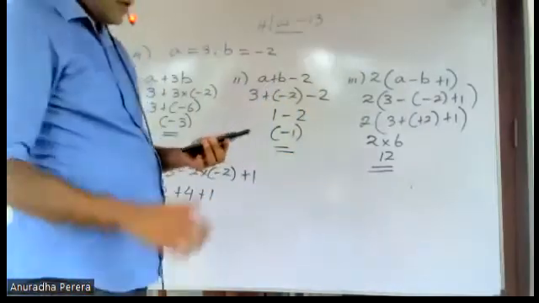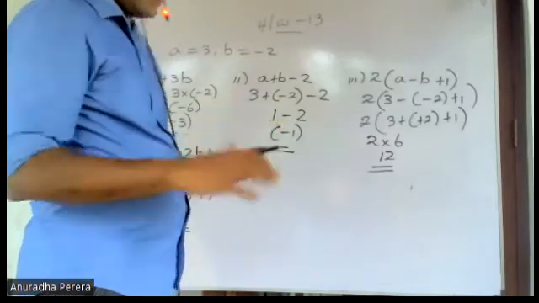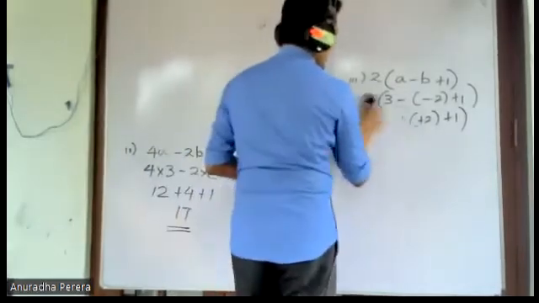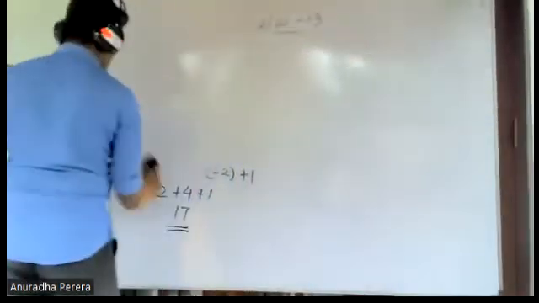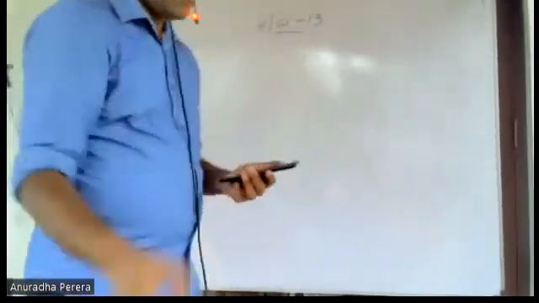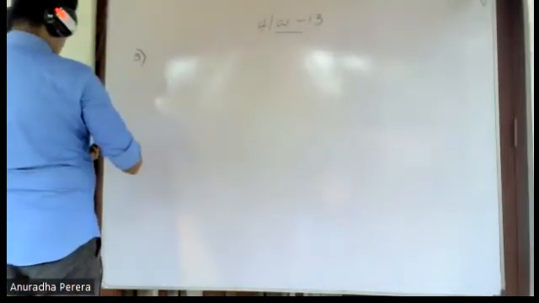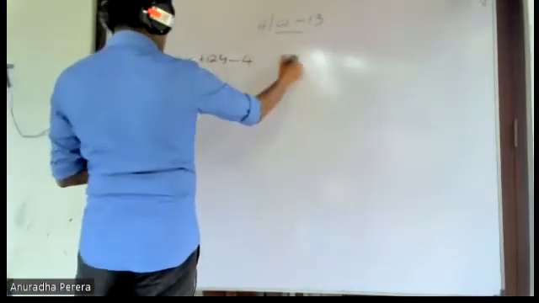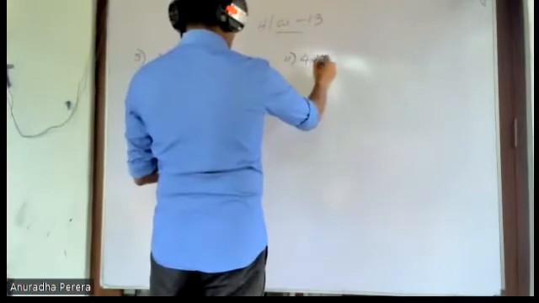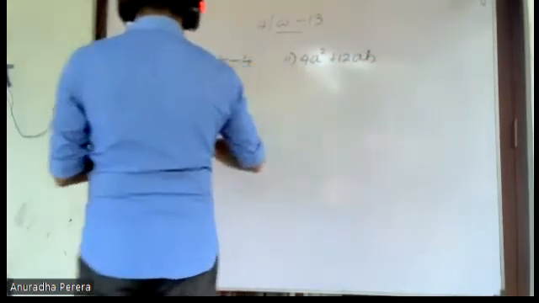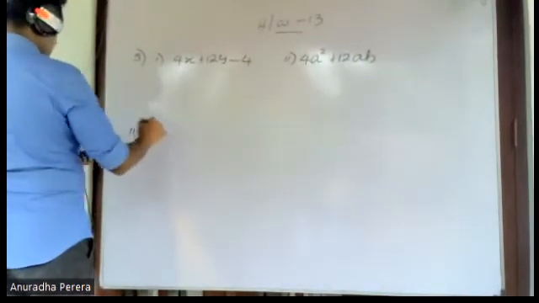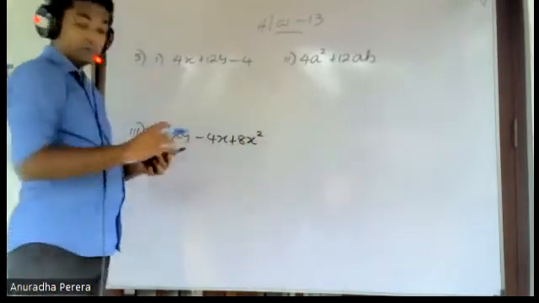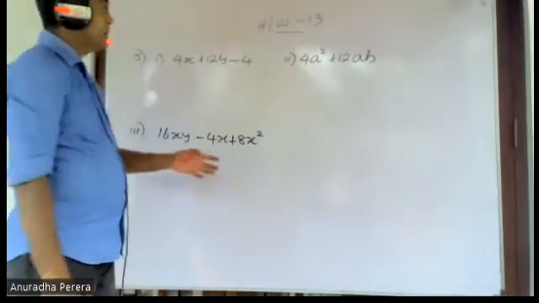Fifth question. Find the factors of each of the following algebraic expressions. 4x plus 12y minus 4.